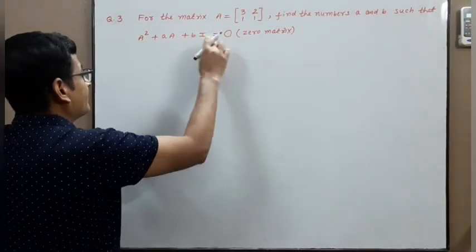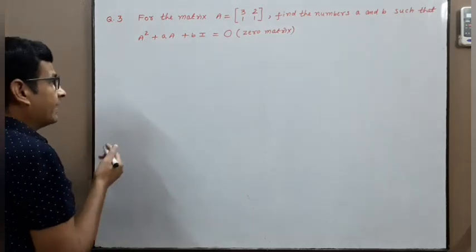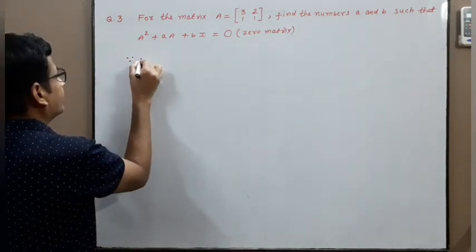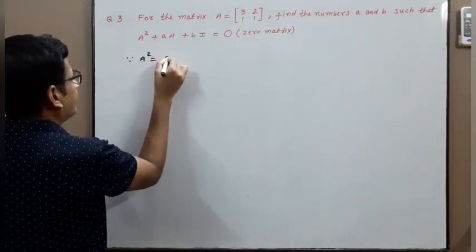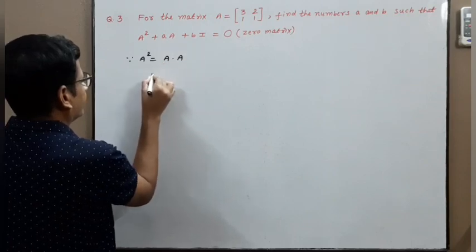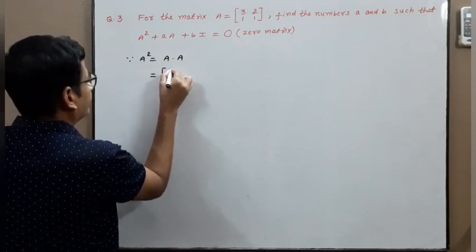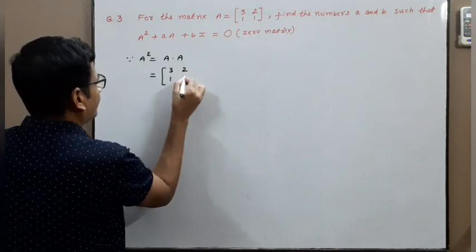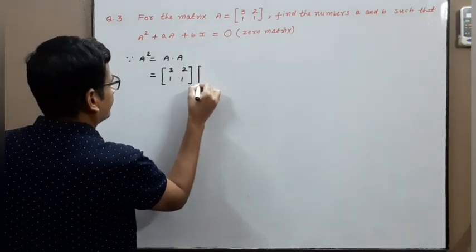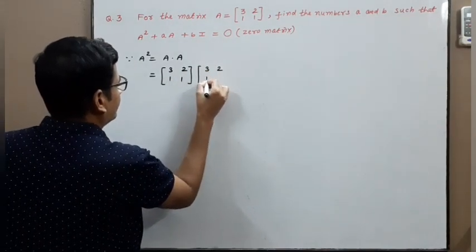A satisfies this equation. So first find the value of A square. Since A square is equal to A into A, [3 2; 1 1] times [3 2; 1 1].